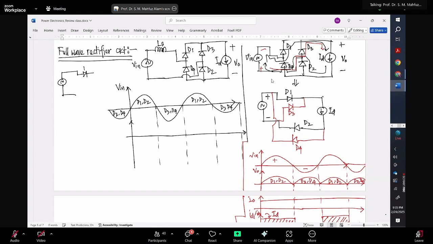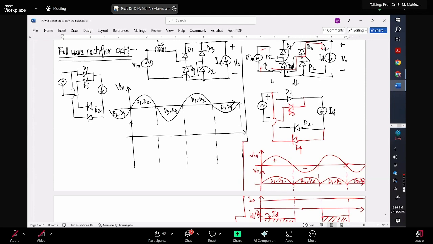This is my D1. And here it is connected to D3. Both are connected together. Then we have a current source. And then on the way back, this is D2. It is connected here. And again, D4 is connected here.